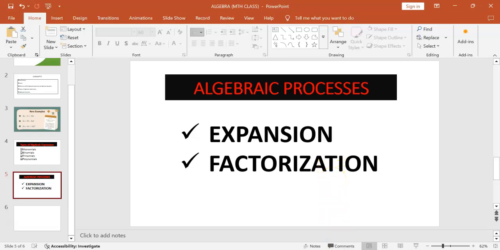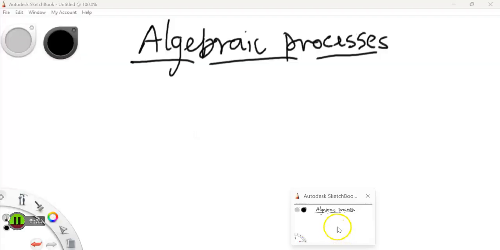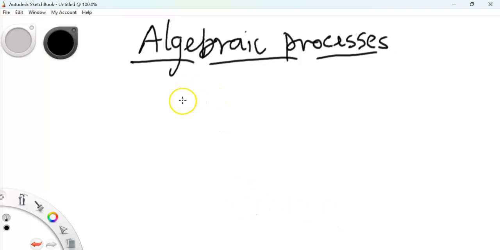What is expansion? When you hear expansion, it has to do with extracting an algebraic expression into a multiplied form. Okay, into a simple multiplied form. You are trying to expand, you are trying to extract.